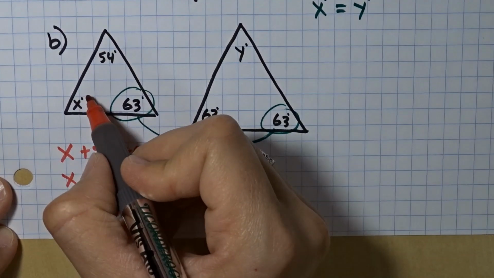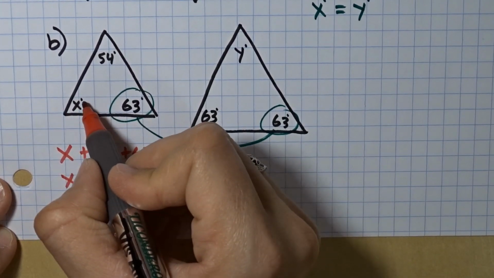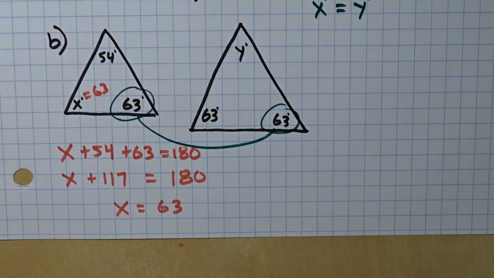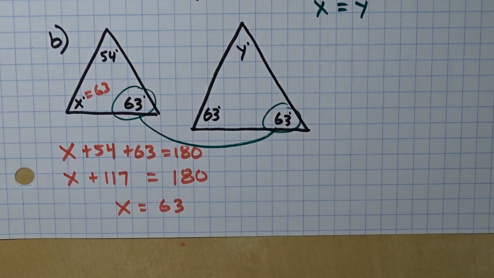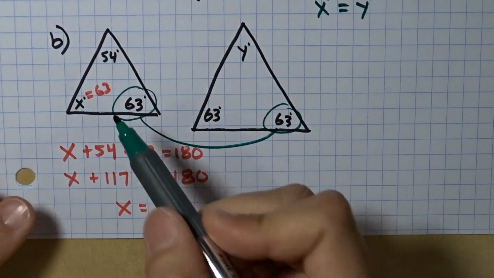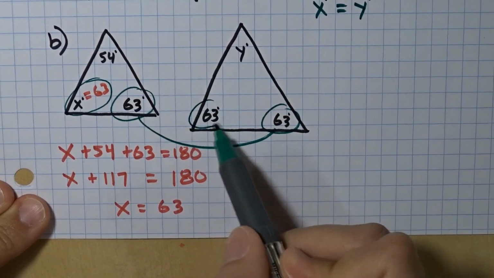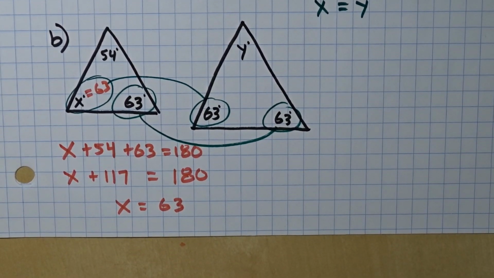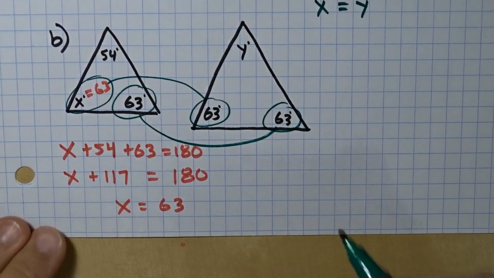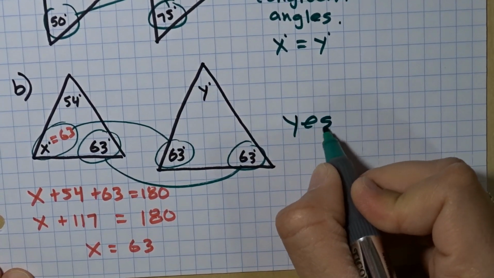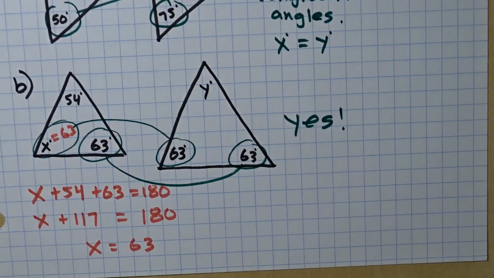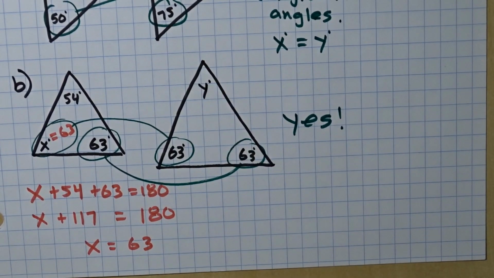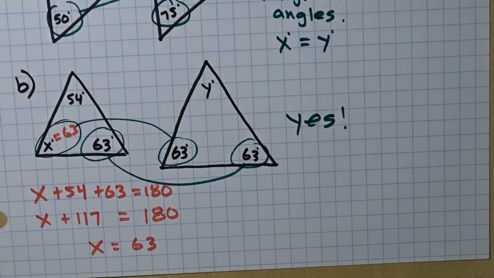So if this X equals 63, I have my other pair. So I can say that this one and this one are another pair of congruent angles. So the answer is going to be yes. And that means by default Y would also have been 54, corresponding to this one here.